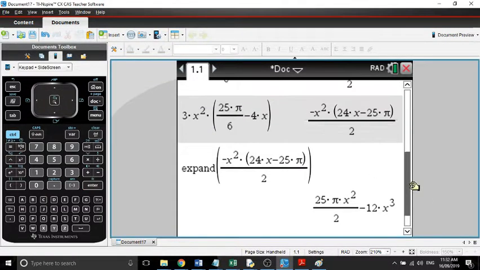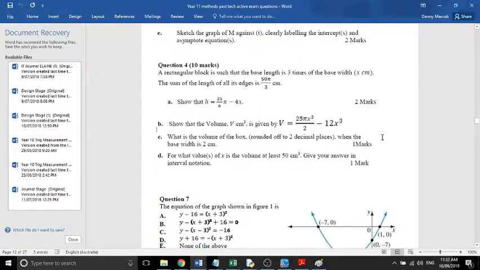So what I'd be doing is writing area of the base times the height, and then I'd multiply 3 squared, so this becomes 75 pi over 6. Sorry, 75 pi x squared over 6 minus 12x cubed, and then simplifying that part there. So that's what I'll be doing for that with the 1 mark.